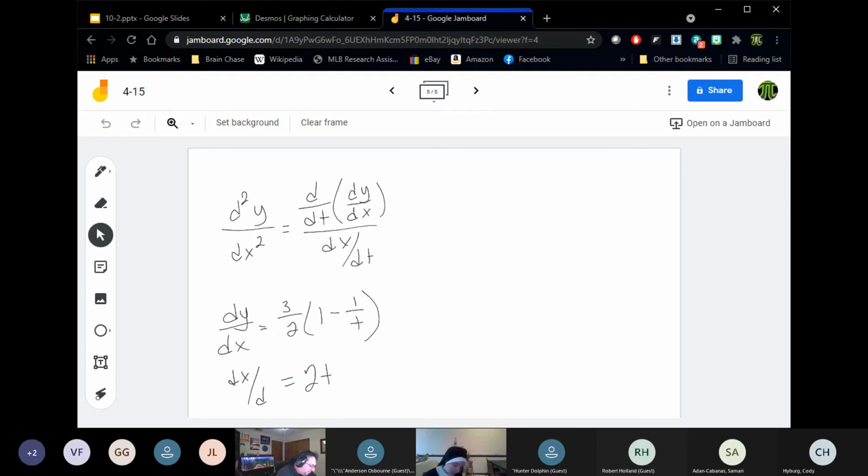So now I need to find the derivative of the 3/2 times 1 minus 1 over t. And this derivative comes out to be 3/2, 1 minus 1 over t squared, and then divided by my derivative of the other function, which was 2t.